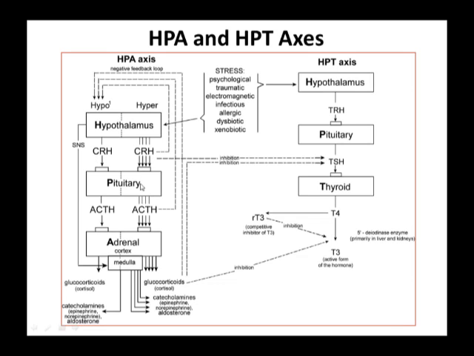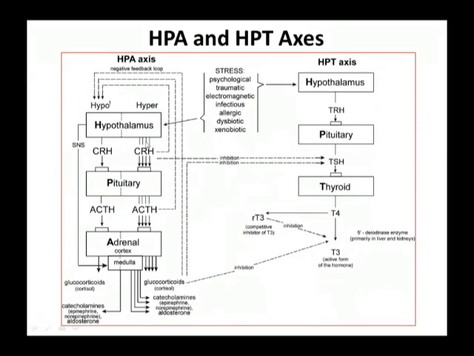That CRH chemical goes down and tells our pituitary, hey, we need more ACTH, adrenocorticotropic hormone, and the ACTH is flowing down to our adrenals and telling the adrenal glands, hey, we need more cortisol. Well, in a normal situation, that system is balanced, the stressor's turned off, and everybody's happy.